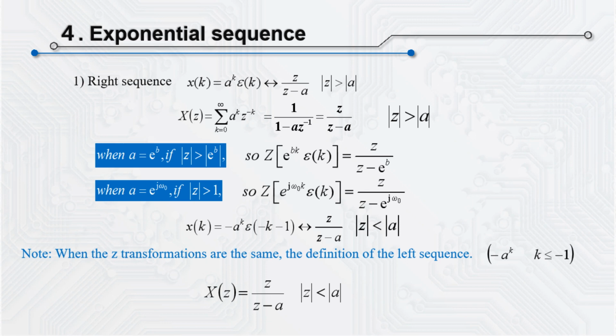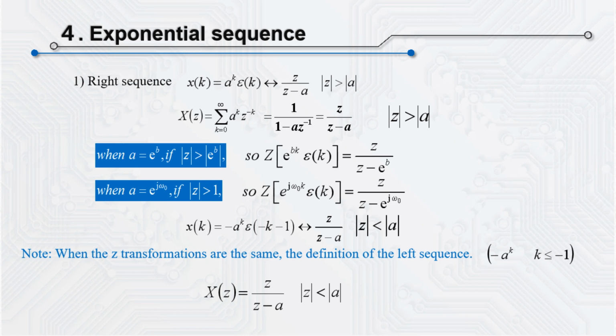The characteristic of its convergence domain is that the modulus of z is greater than that of a, that is, an area outside the circle. Similarly, for anti-causal sequences, we find its z transform. After the corresponding proof, we still use the defined way.